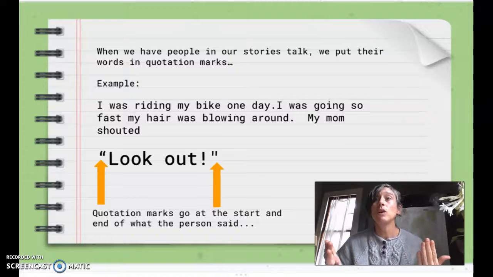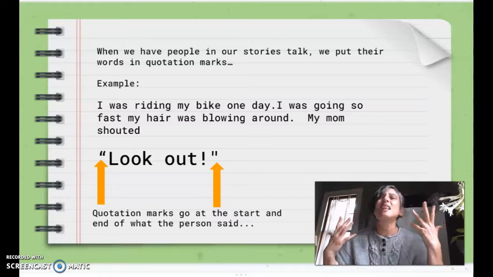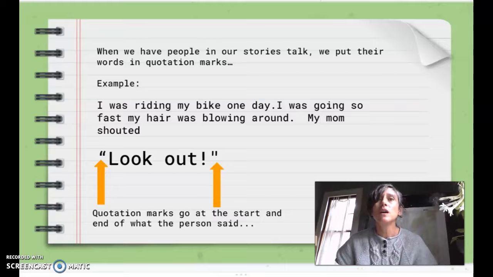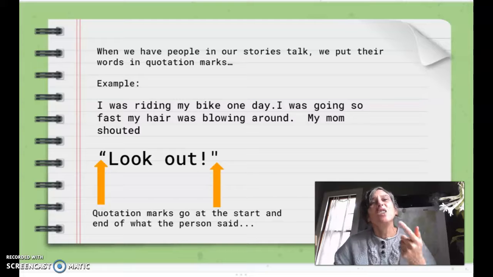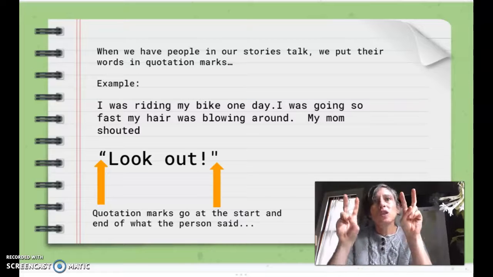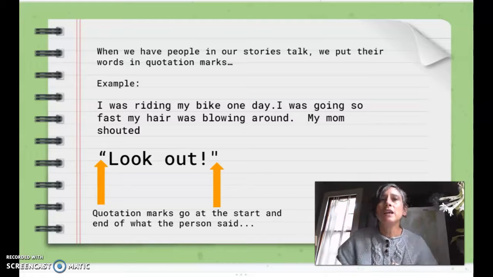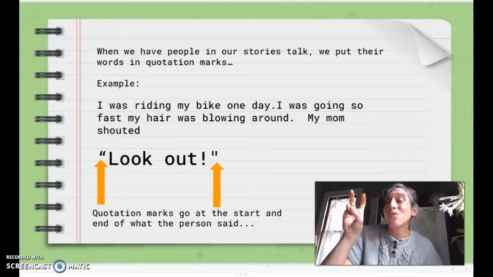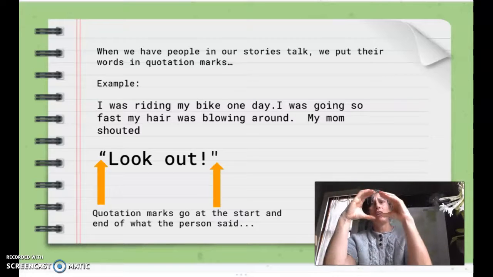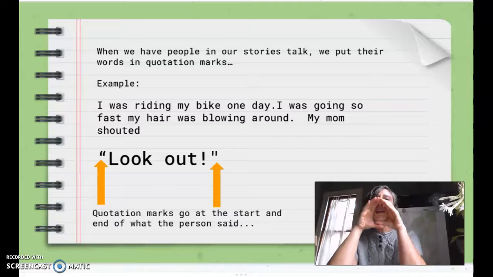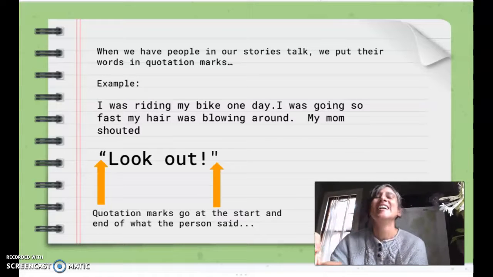I was riding my bike one day. I was going so fast that my hair was blowing around. All of a sudden, my mom shouted, "Ready? Look out!" And do you notice how I put those quotation marks right at the very beginning of what she said and right at the very end? So quotation marks are going to enclose whatever the people were saying.